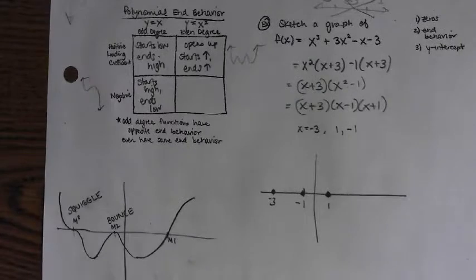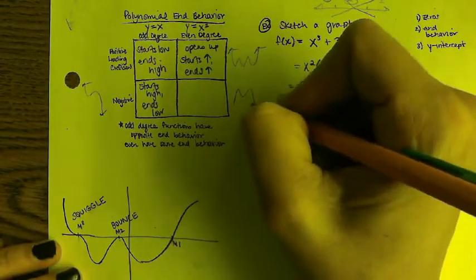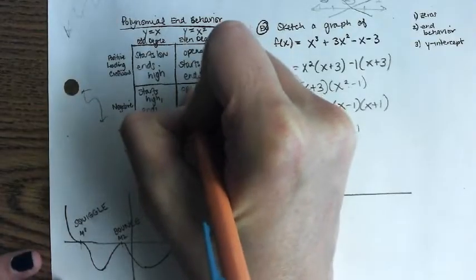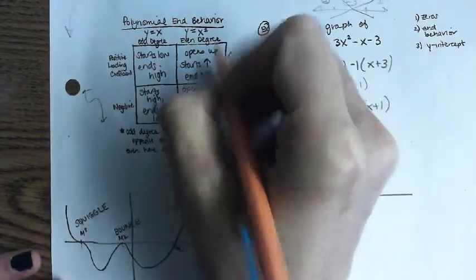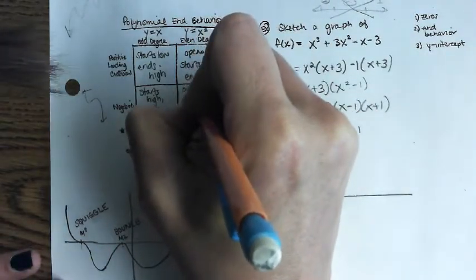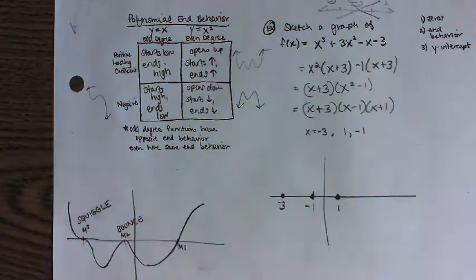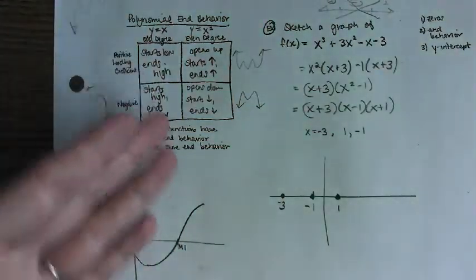And likewise, a negative x squared has gotten flipped upside down. So overall, you would say it opens down, starts down, ends down.